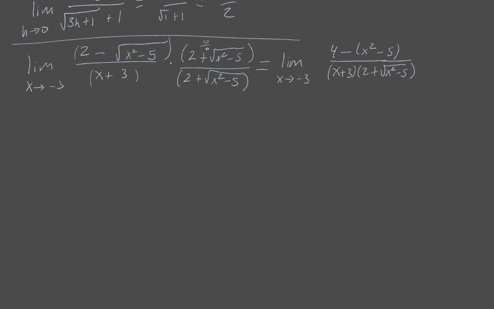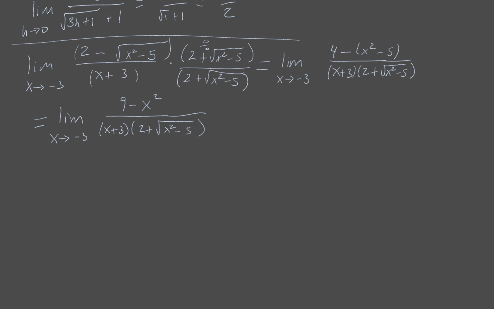So we look at this. The numerator looks like 9 minus x squared. The denominator, I've got this x plus 3, and I've got a 2 plus the square root of x squared minus 5 down there.